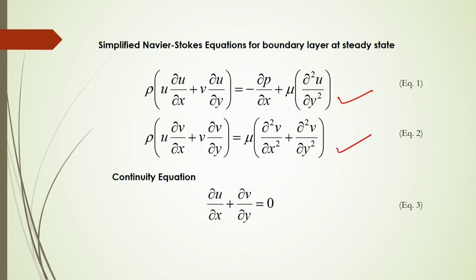Similarly, you can have the continuity equation also, where the z components will be 0. So, we are getting dou u dou x plus dou v dou y equals 0. From these equations you can derive further the velocity distribution of the fluid over the solid surface within the boundary layer thickness.